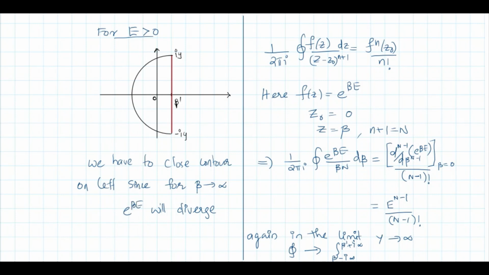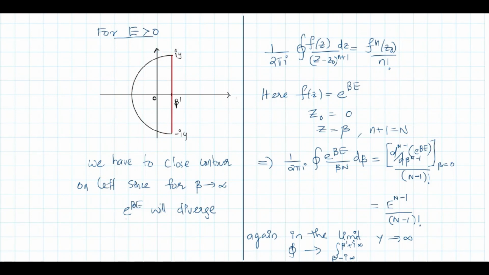So e raised to minus infinity will converge. If you close it on the right side, then beta will be positive, E is positive, so beta E becomes plus infinity and e raised to plus infinity will diverge. That is why we close it on the left side.